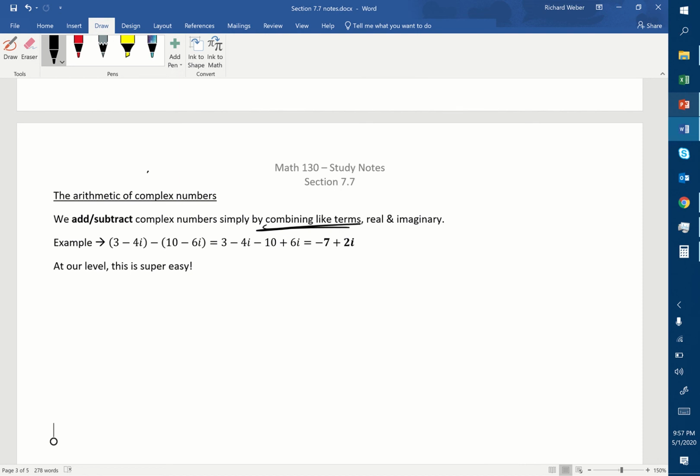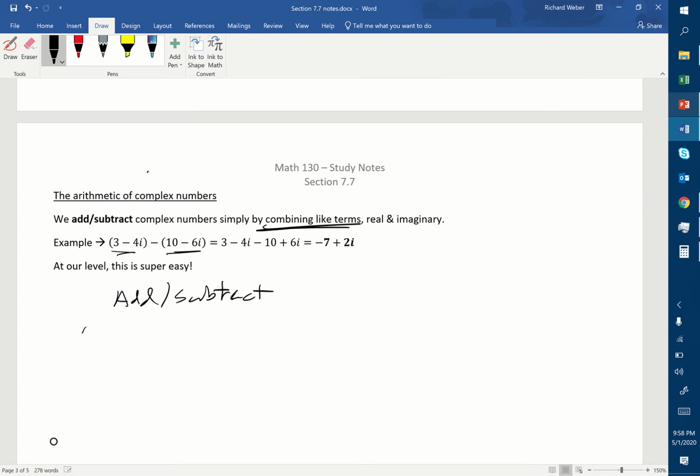Here's a problem example. This time it's not written in the funky square root of a negative. It's just basically combining like terms. So this section here is really going to be easy for you guys, I think, because a problem might say something like here, add or subtract.